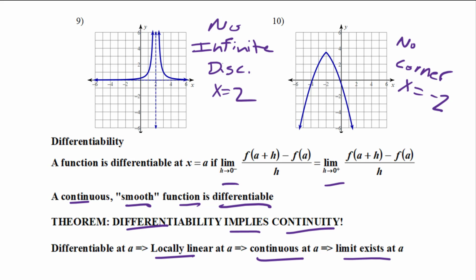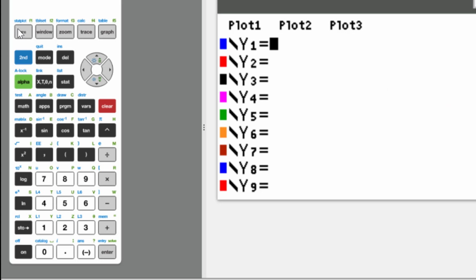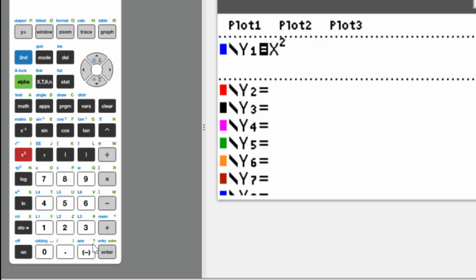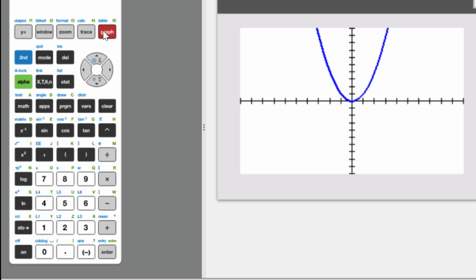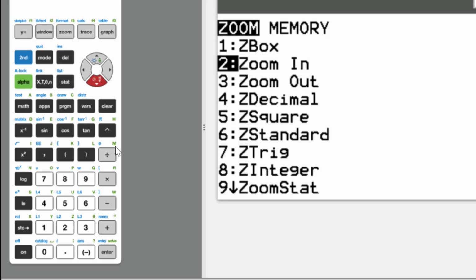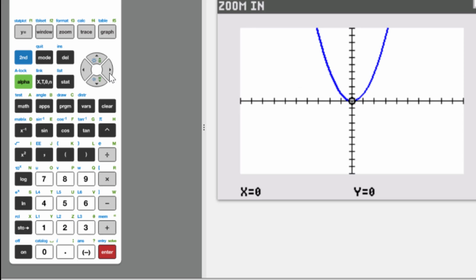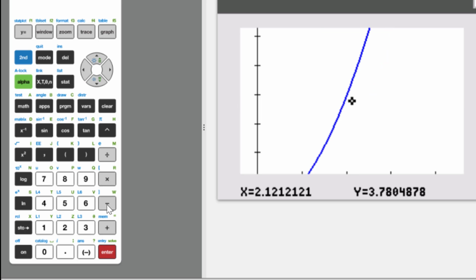Let me explain what this locally linear part means. You pull up your calculator and you type in y equals x squared, and you look at the graph. The graph looks pretty much like a curve, like a parabola, a quadratic. But if you zoom in to one particular spot, or any spot on the curve, what happens?